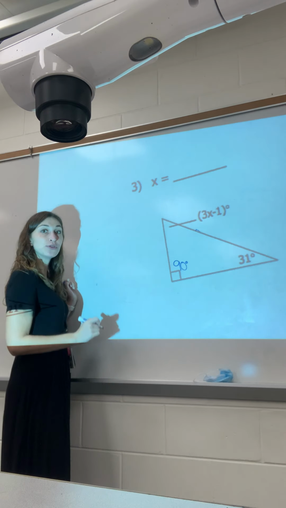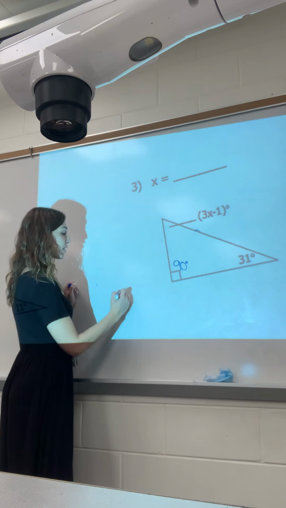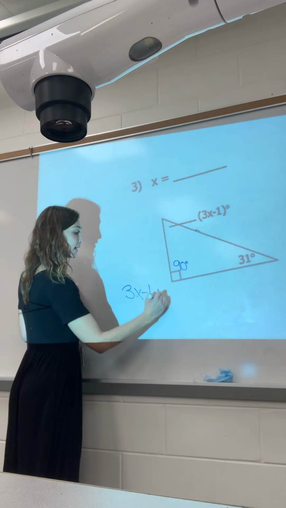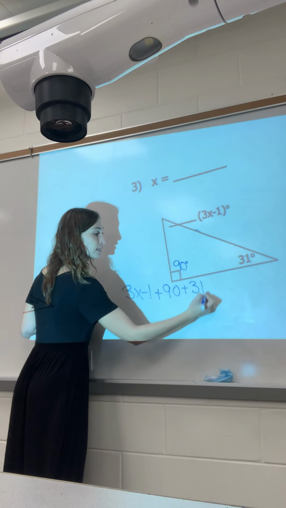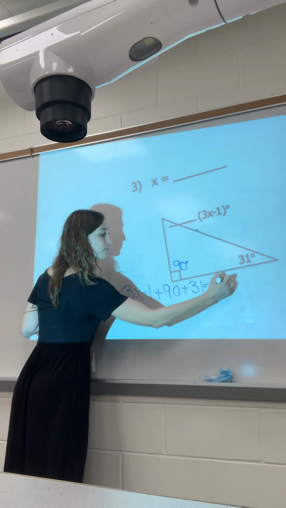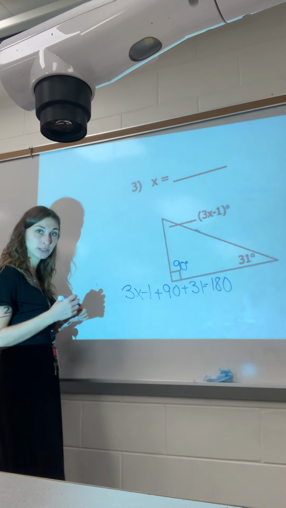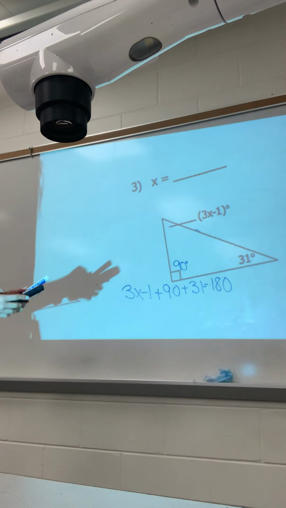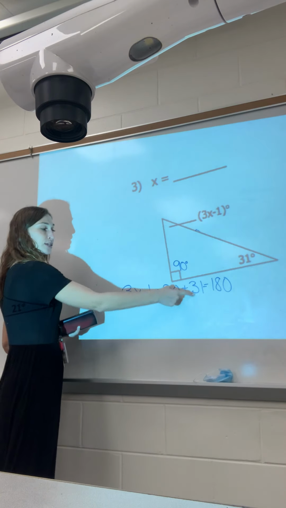So what I'm going to do is add them all together. So I'm going to do 3x minus 1 plus 90 plus 31 gives me 180. Okay, now I'm going to combine like terms. I'm going to combine -1 plus 90 plus 31.